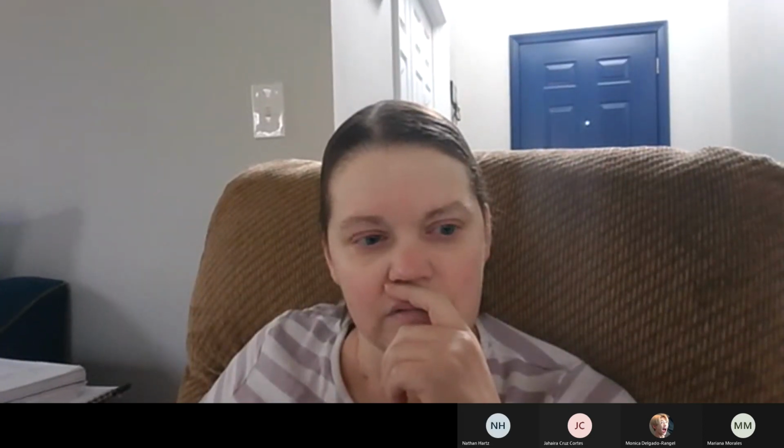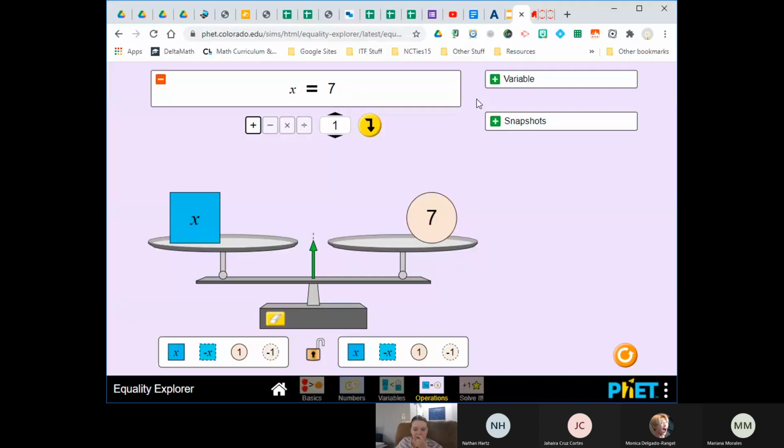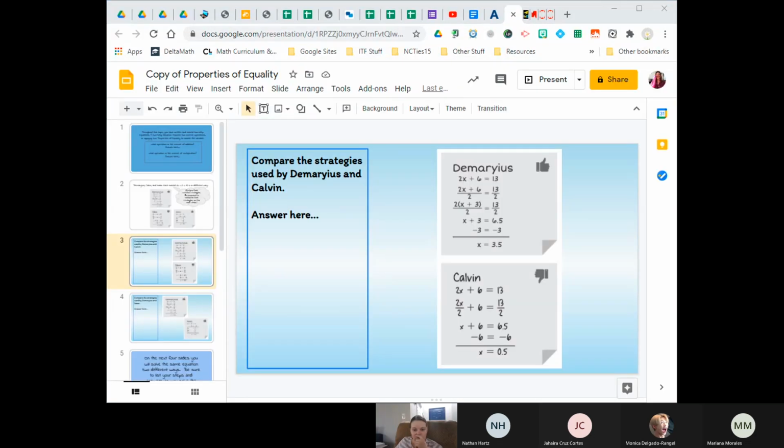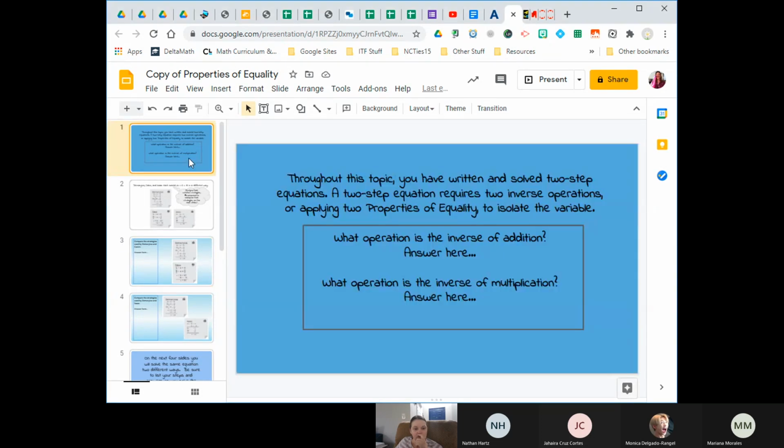Let's talk about your assignment for today. For today, we went over, we did not do this slide, but you should be able to answer this. So what is the inverse of addition?